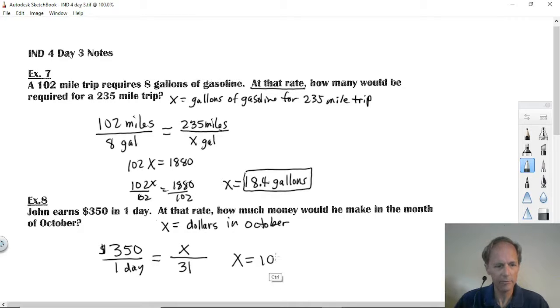I didn't leave room to write dollars there. 10,850, and that's what we get, and we write the units, which is dollars. And now we think about it, is that about right? If someone makes $350 a day, yeah, they're making pretty good money, and in a month it should be about that. So it's a number that makes sense, and I think it's correct.